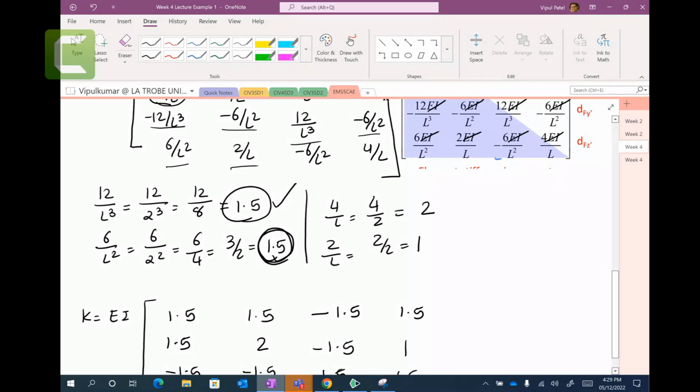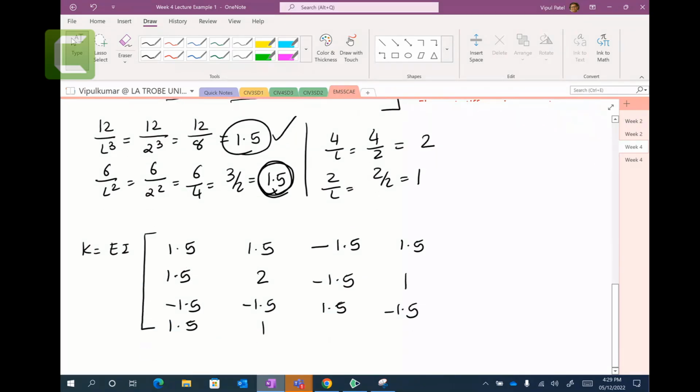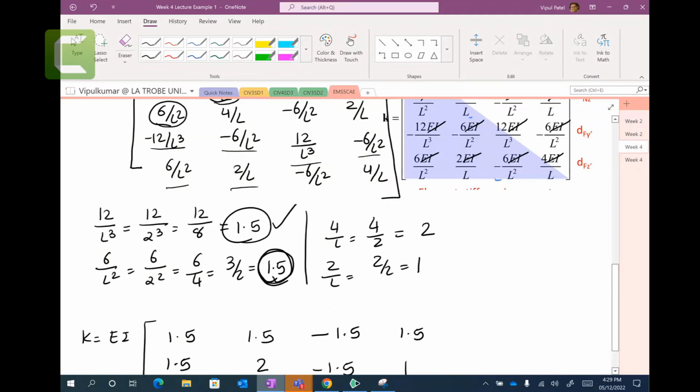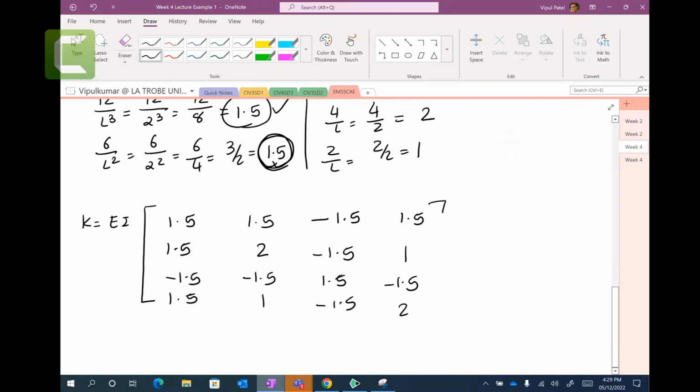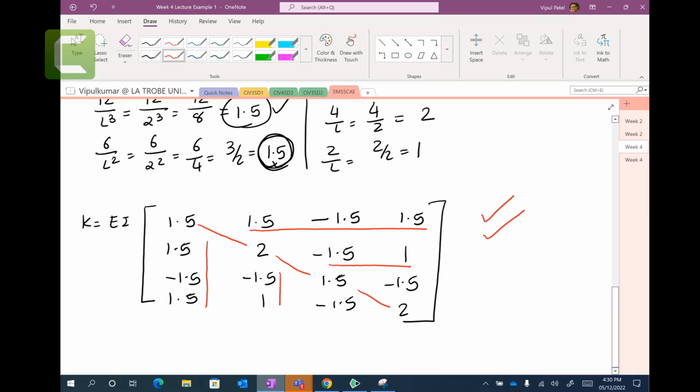Minus 6 on L square, minus 1.5, and 4 on L is 2. Right? Check, check, check. Diagonal positive, one check done. This row, 1.5 and minus 1.5, same, second check done. Minus 1.5 and minus 1.5, third check done. Fourth check done.